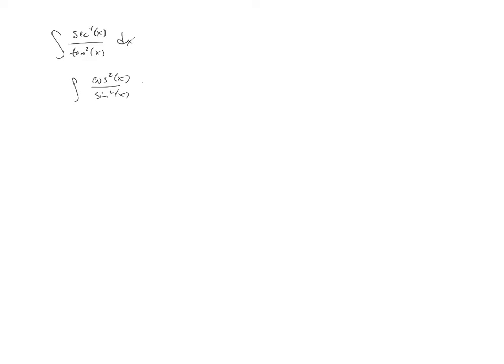And the secant to the fourth in the numerator is going to be 1 over cosine to the fourth in our denominator. Now, two of those cosine squareds can go away, leaving me with what appears to be a simpler approach. That's going to be a sine squared there and a cosine squared there.